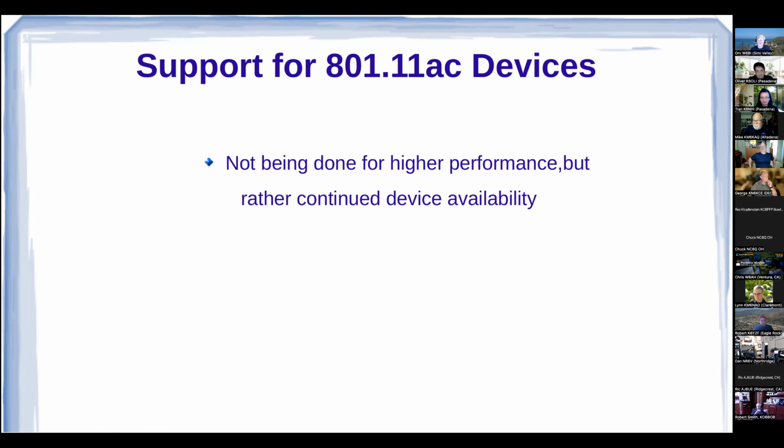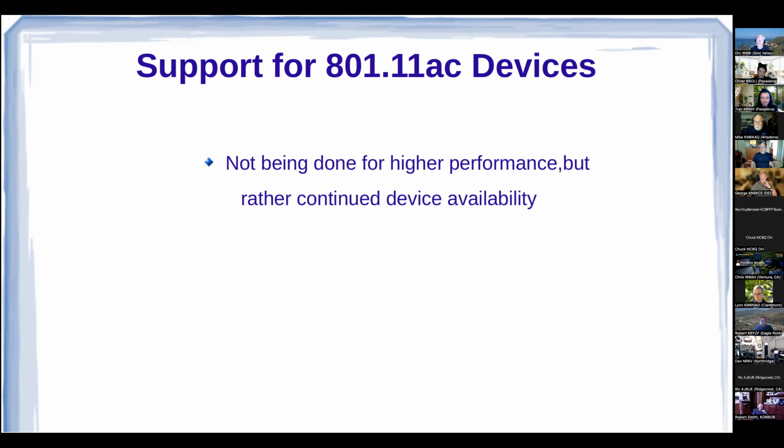The reason AREDN is moving to support these: all of the vendors are upgrading their chipsets to chips that support 802.11 AC, 802.11n, and some of the older protocols. But the driver is different, so the software has to accommodate it.